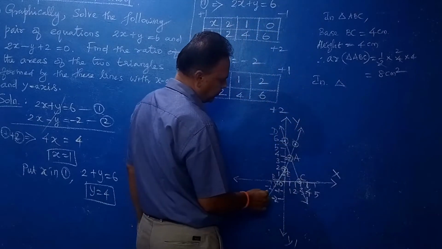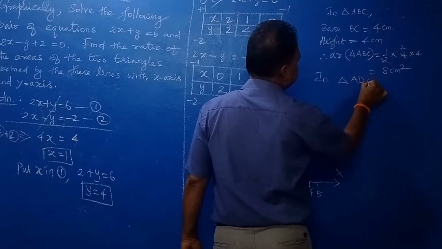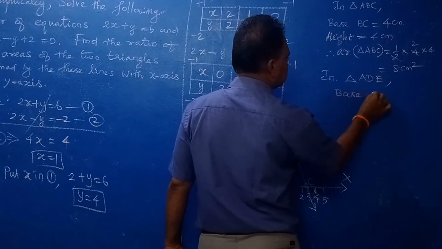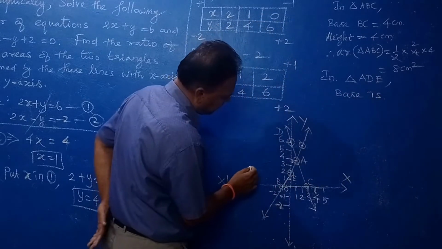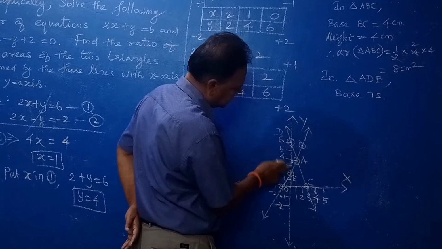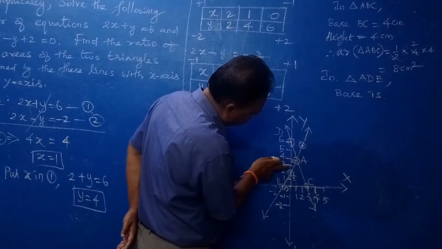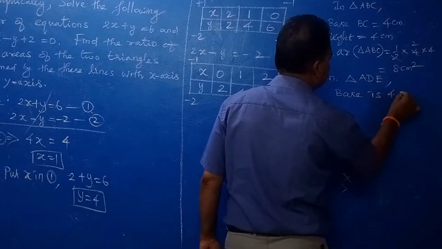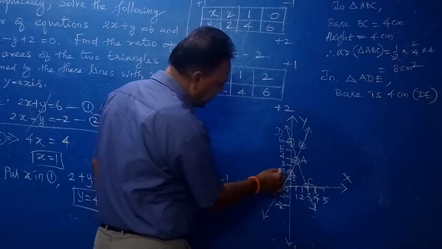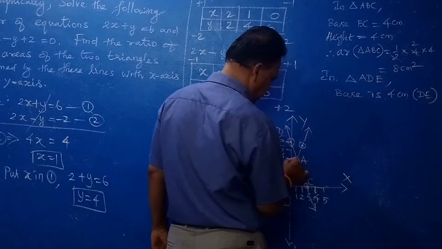So now you take this triangle, triangle ADE. Base is first, this base, that is DE. Base is DE. How many centimeters? 1, 2, 3, 4. 4 centimeters. Now height is this, the perpendicular distance, height 1 centimeter, because 1, 4.